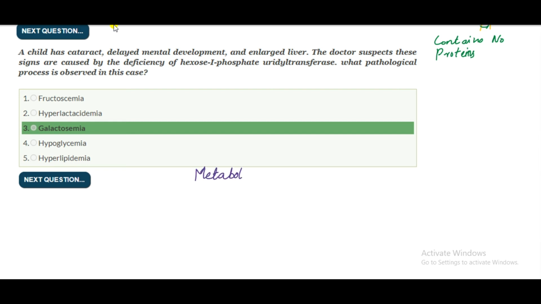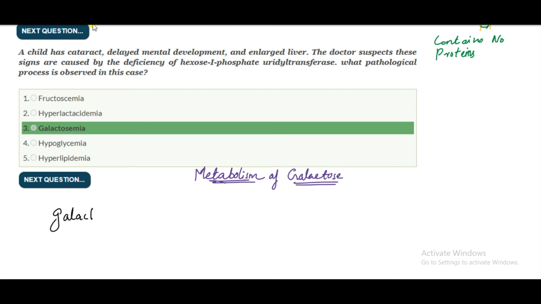Okay, before we go on to discuss this question, I am going to talk about the metabolism of galactose.